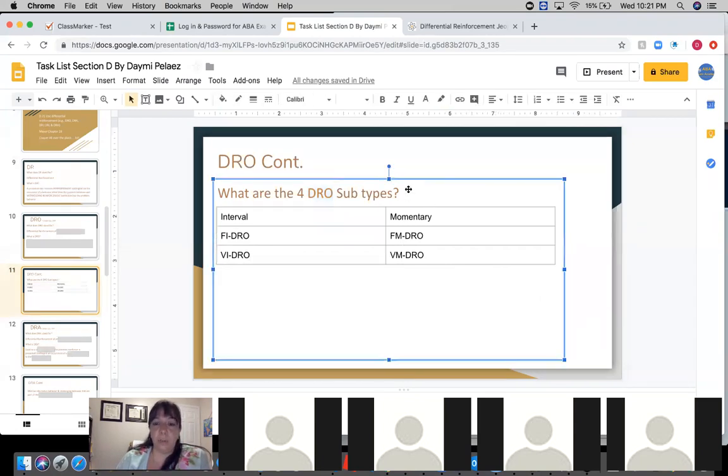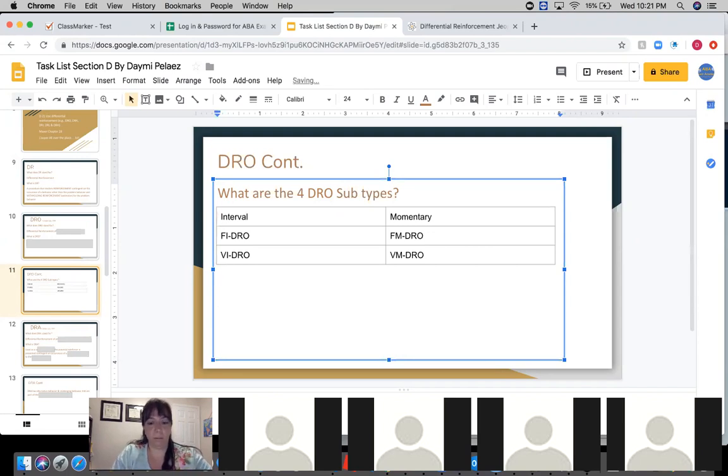Does anybody know any more information on this that they want to share? Or is this new to everyone? I could share some information because I'm pretty sure I was exposed to this and used it without really knowing. I had a DRO written for one of my students, and it started off as a fixed interval, so it was every 3 minutes.